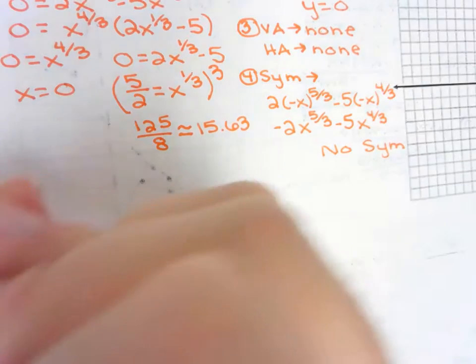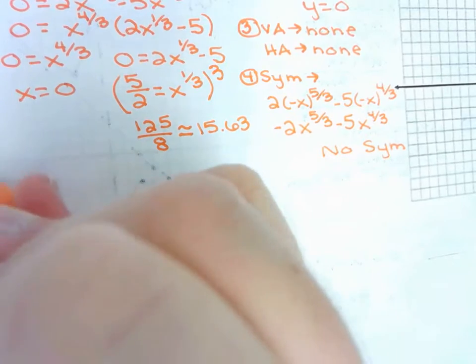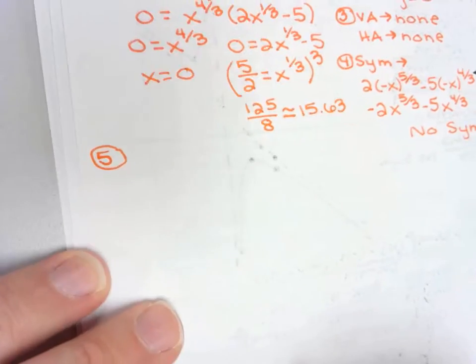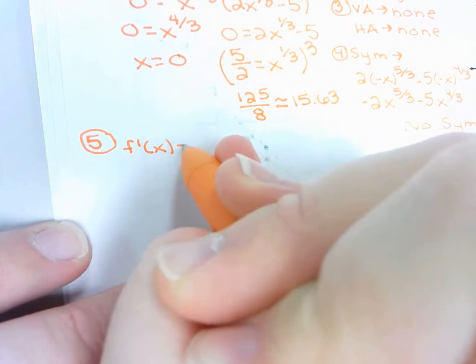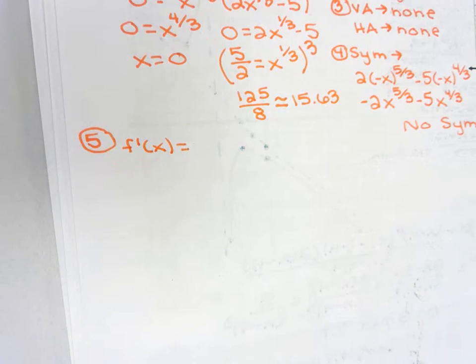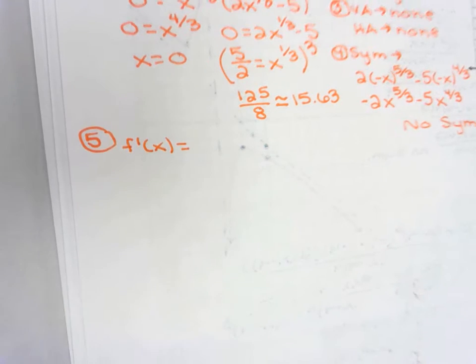Okay, let's look at 5. We're looking for critical points, extrema, increasing, decreasing. So first derivative, set equal to 0. The nice thing about taking the first derivative is it's a polynomial, so we're not going to have to use any of those stupid rules.